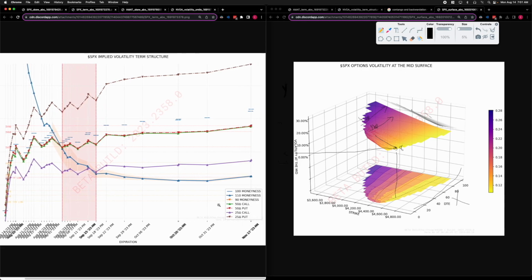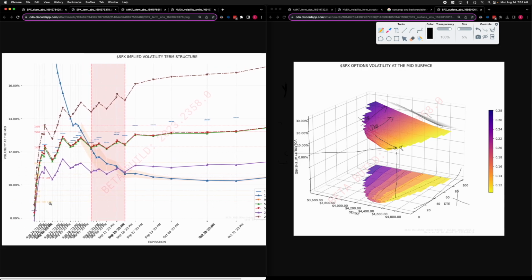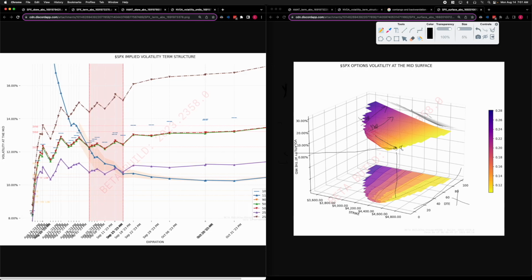Let's say that I'm buying a 0 DTE call, so we're buying one that's all the way over here, then maybe the 25 delta is going to be, I don't know, 10 points out of the money on SPX. But if I'm buying a 25 delta call for tomorrow, then it should probably be 12 points out of the money because we have a larger expected move for tomorrow.